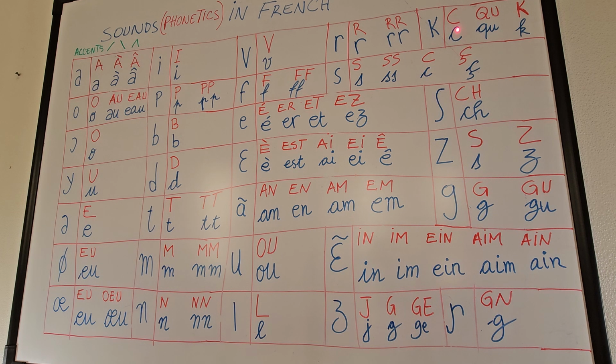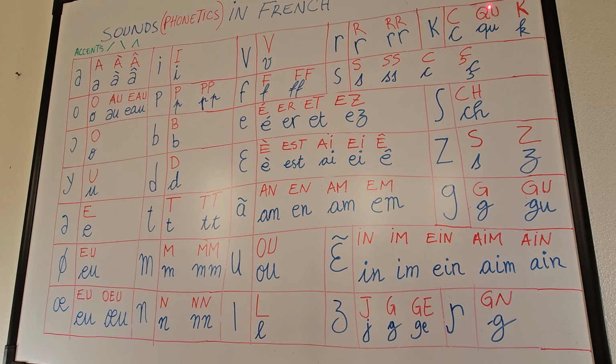But here C on its own sometimes can sound k. Let's say for example, if you say camera, like the camera on your phone. Well, in French we say caméra. So it starts with C, but it sounds k, camera.